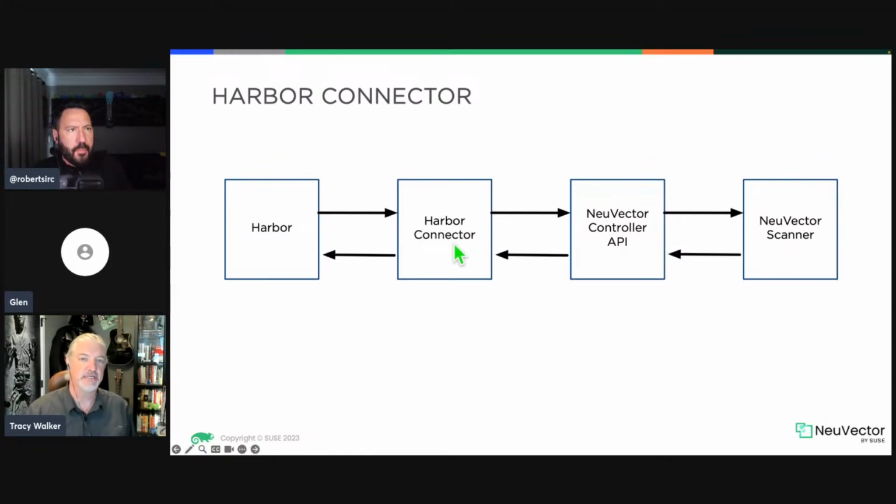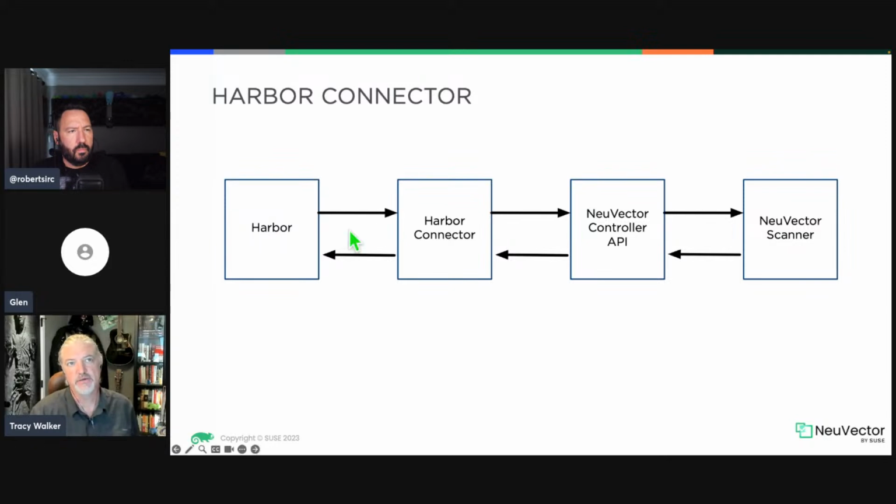Now, the reason we do this is because normal scanning plugins, like your Jenkins or CircleCI plugins doing pipeline scans, are only scanning one image. They're basically just saying, scan this image, so we don't need this kind of go-between queuing mechanism. But with Harbor, we may say, scan all of my images, scan 1,000 images.